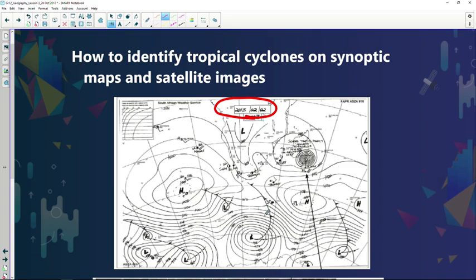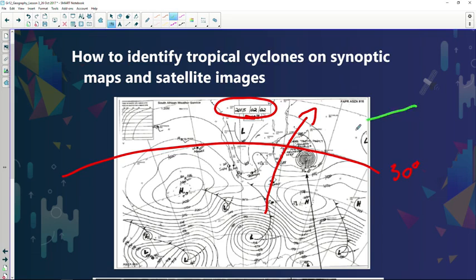Why on the east coast of continents? What do we experience? Warm ocean currents. Now, as you can see, the tropical cyclone forms between 5 degrees up there and the 30 degrees latitude line. And the system moves in the westerly wind belt.